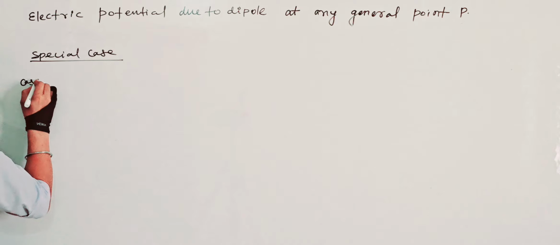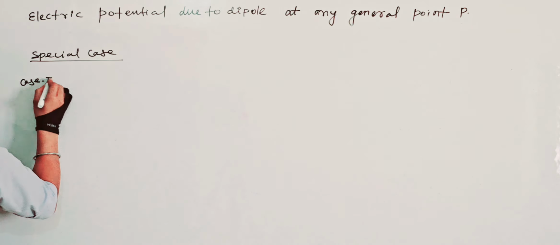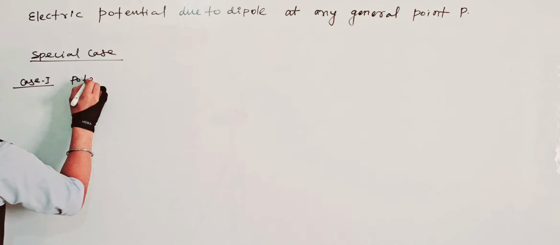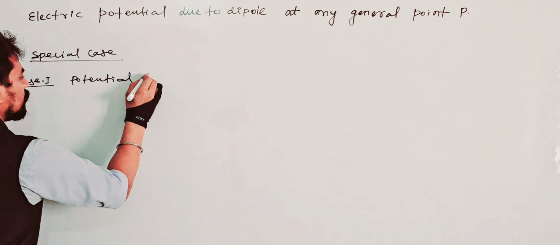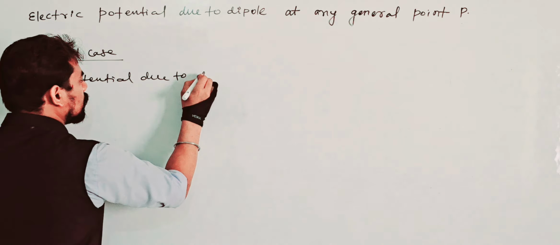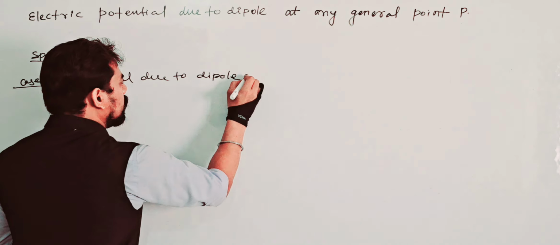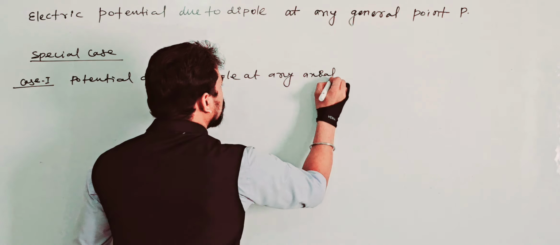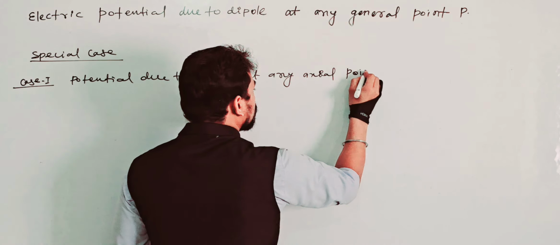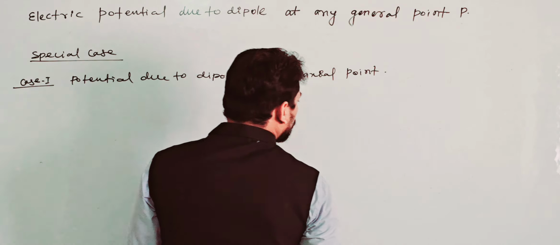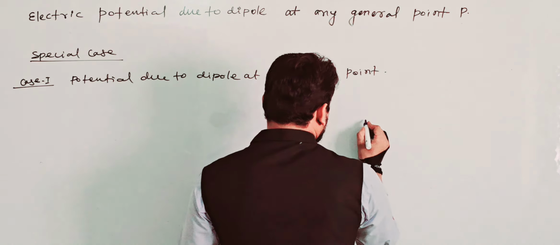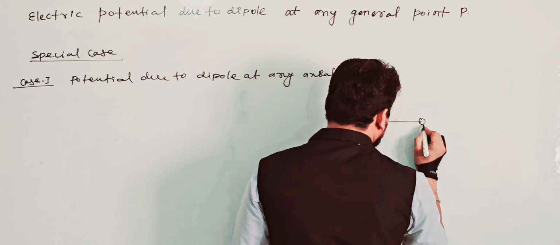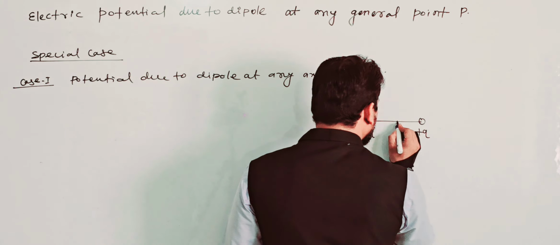Special case 1: potential due to a dipole at any axial point. This is minus q and this one is plus q.